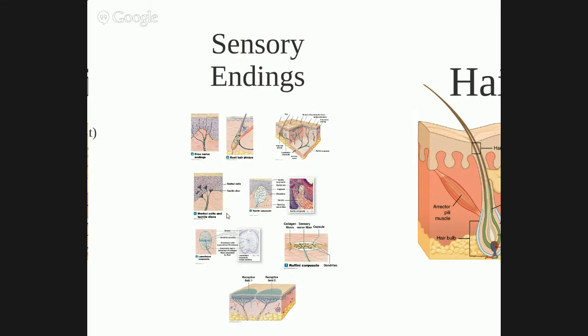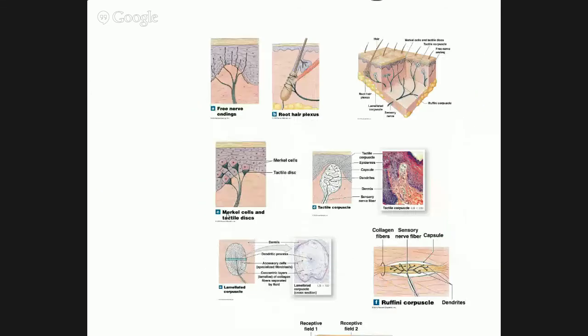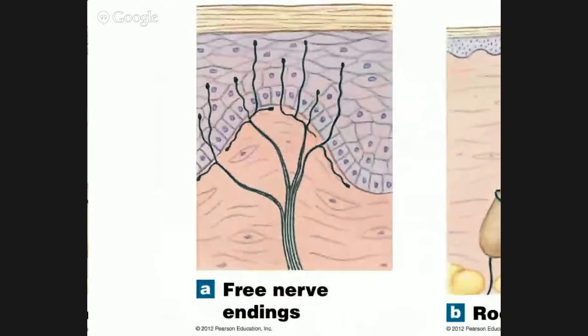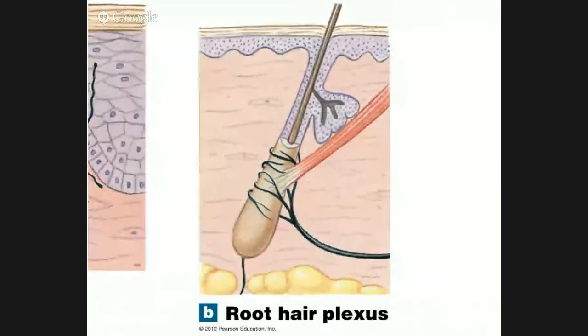There are various things, and they deal with different types of stimuli. Free nerve endings generally deal with pain and temperature sensations. A root hair plexus can sense when a hair moves.